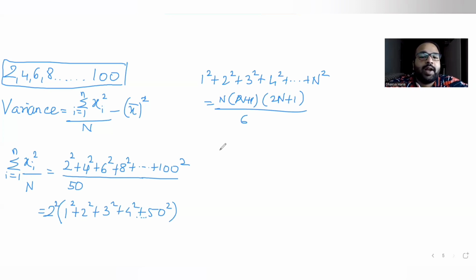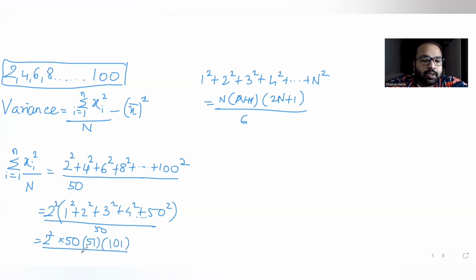So if I use that idea here also, it gives me 2 square into n is 50, n plus 1 is 51, 2n plus 1 is 101 upon 6, and this 50 is already present in the denominator. This cancels with this. 2 square I can cancel with 3 here.